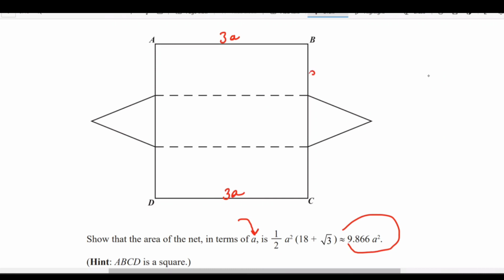And all of these would have been A and A and A and A and A and A, and this is A, and this is A, this is A, this is A. Because the question did say that, and this is 3A, this is 3A. So you're seeing 3 rectangles and 2 triangles.